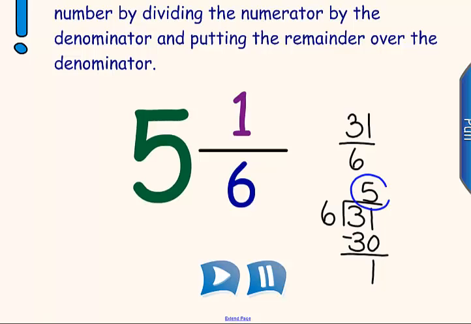This number becomes the whole number because we have 5 wholes. The remainder becomes the numerator of the fraction, and the denominator is still 6 because we have not changed the size of the pieces. We know that 6 still make up one whole.